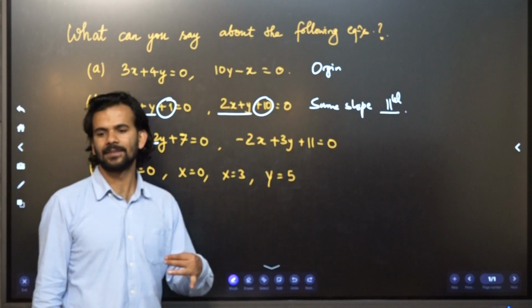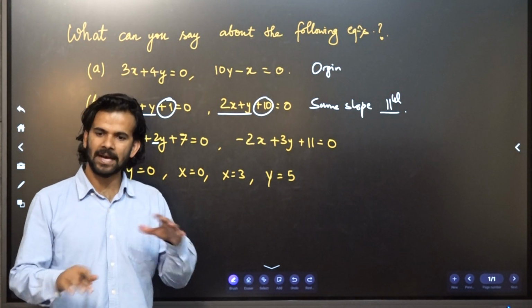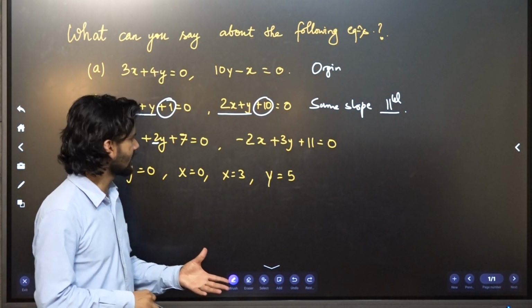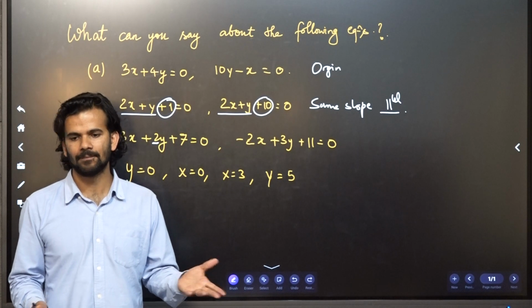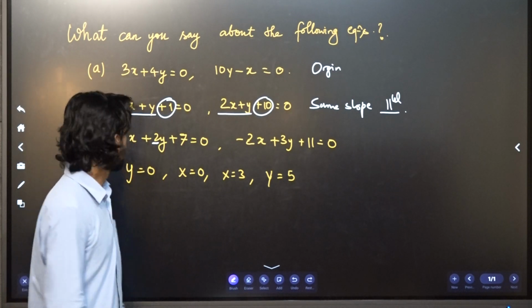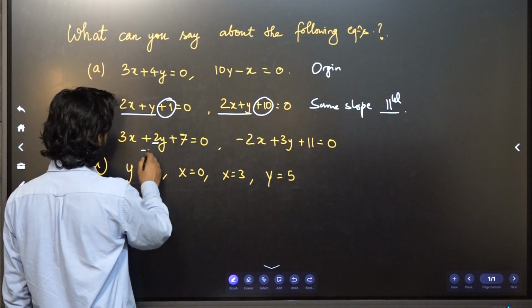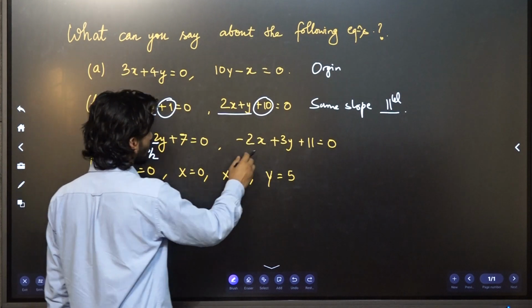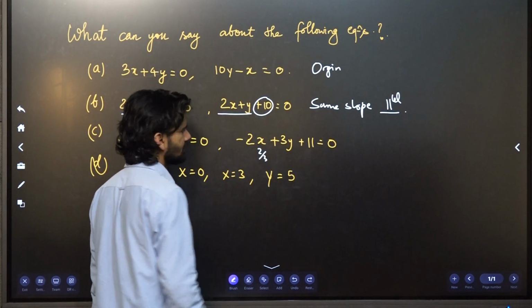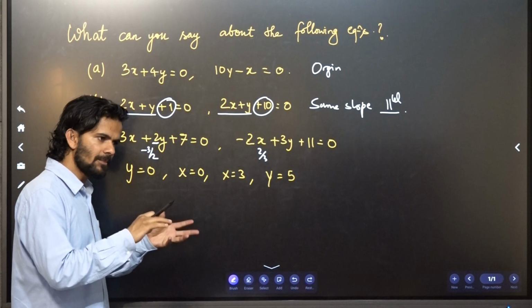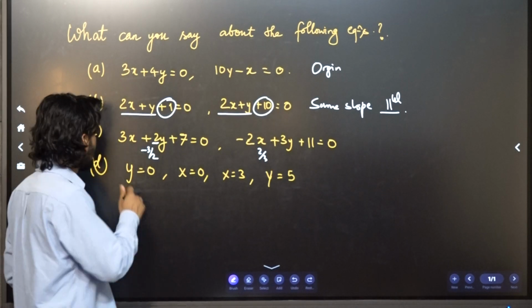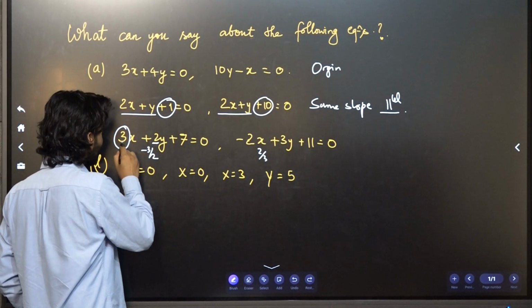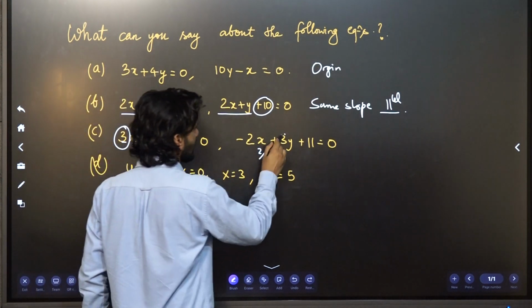Minus 3 by 2 times 2 by 3 gives you minus 1. So look at the numbers, how they are playing. If you consider this 3 is with x, but here 3 is with y.